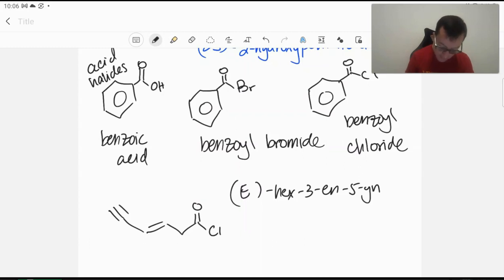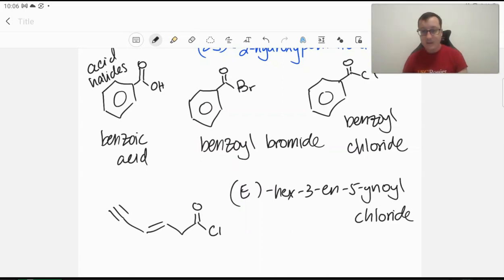And then again, I've run out of room. Oyl. Oh, we're good. Chloride. Because these are two separate words, the oyl part is separate from chloride, so we have a space there. So hex-3-ene-5-yne-oyl chloride. That would be how we would name this thing.